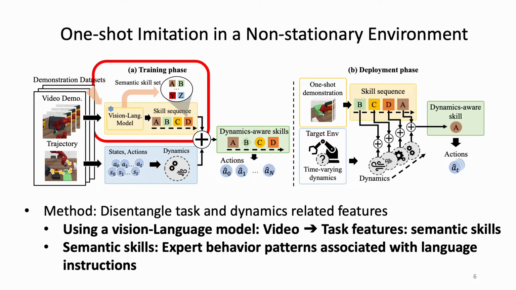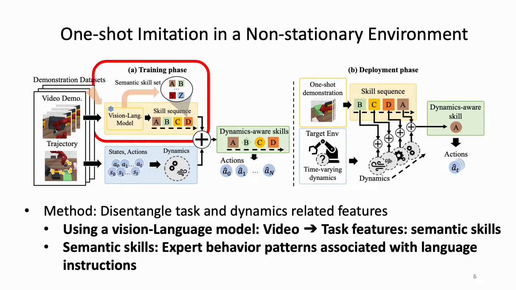Task refers to the actions the agent must perform. Since the task to be imitated is determined through a video, we utilize a pre-trained vision language model to extract task-related features or semantic skills from the video demonstration.